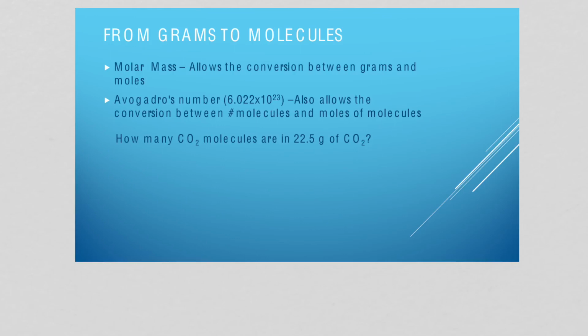So I can use these same 2 conversions to work with molecules of a compound or formula units of a compound as I did to work with atoms of an element. So let's try one example here, and let's look at the number of carbon dioxide molecules in 22.5 grams of carbon dioxide.